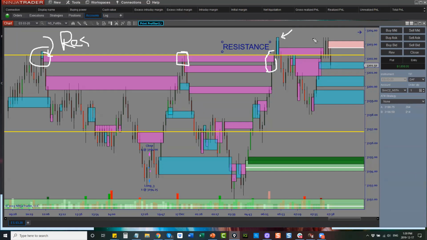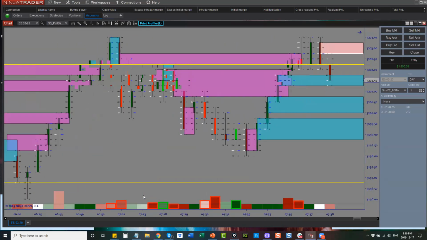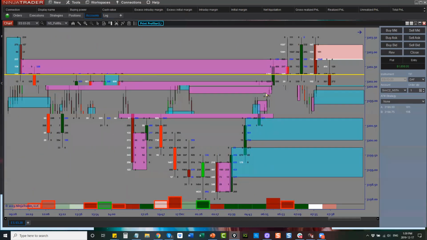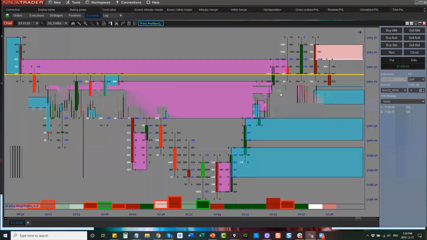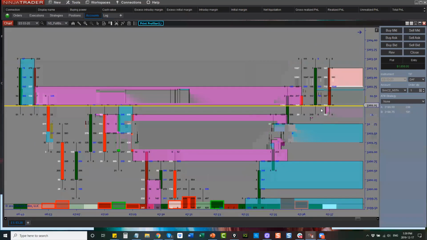Now, the reason this is super important is because it's all about location, location, location. I wouldn't be so concerned about this demand zone down here at 3201.50. I'd be more concerned that if this candle closed like this, and I know I'm at a big level of resistance, that's telling me that supply is stepping into the time and sales.